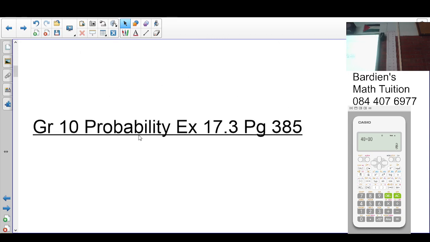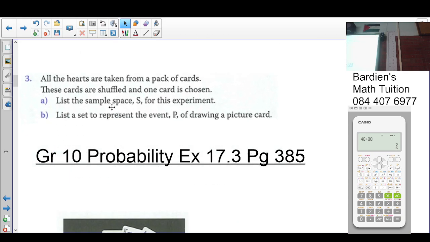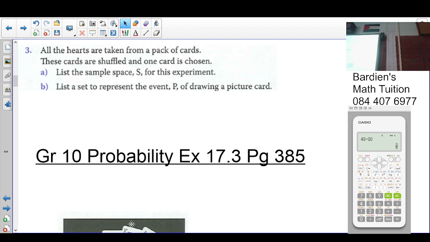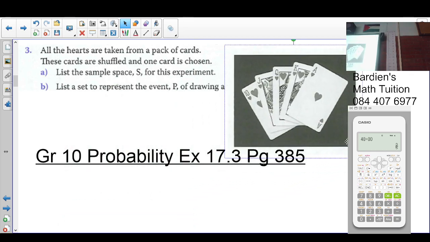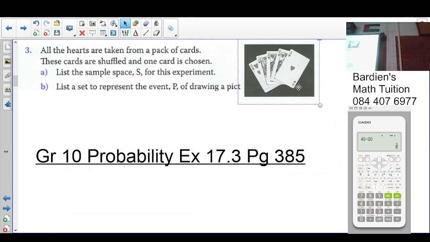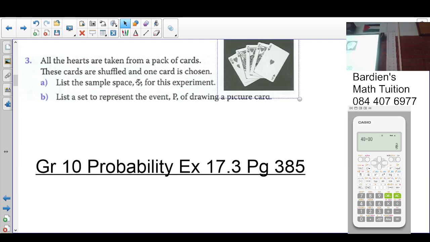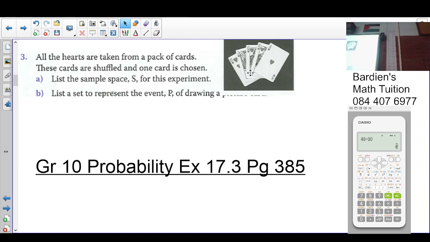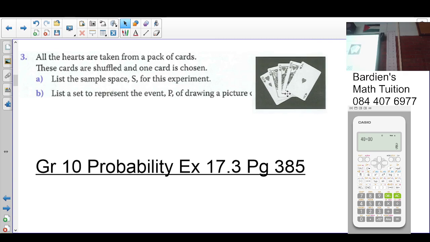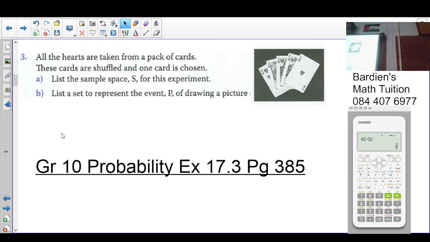Let's look at the next one, number 3. In number 3, we are told that all the odds are taken from the pack of cards. These cards are shuffled and one card is chosen.